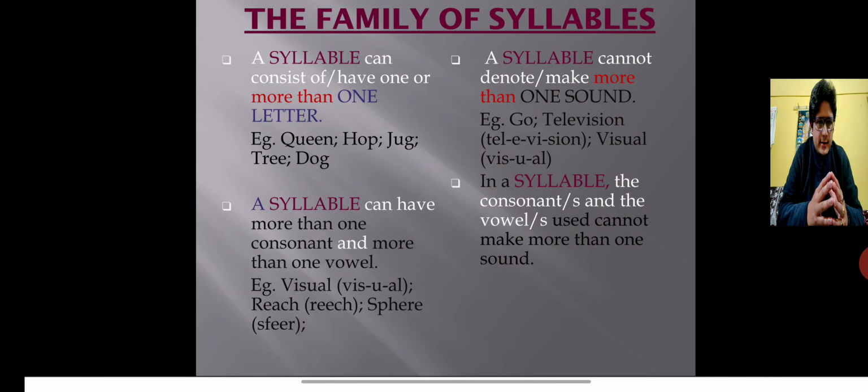Next up, in a syllable, the consonant or consonants and the vowel or vowels used cannot make more than one sound. Just in the left corner, you've got it written that a syllable can make use of more than one consonant or more than one vowel, but it will never be able to make more than one sound. One syllable will only make one sound.